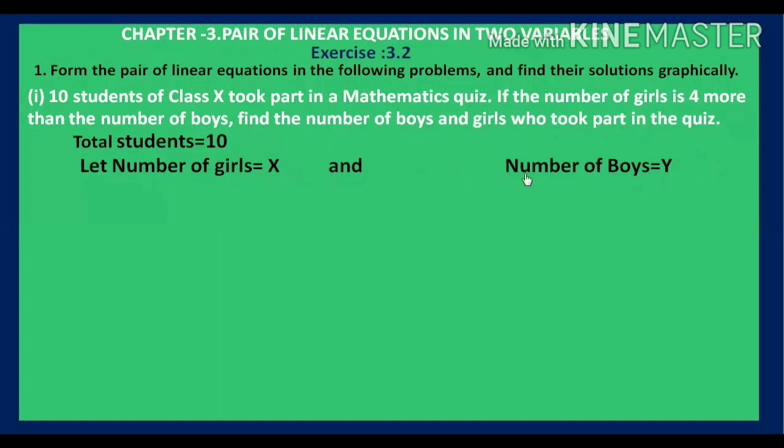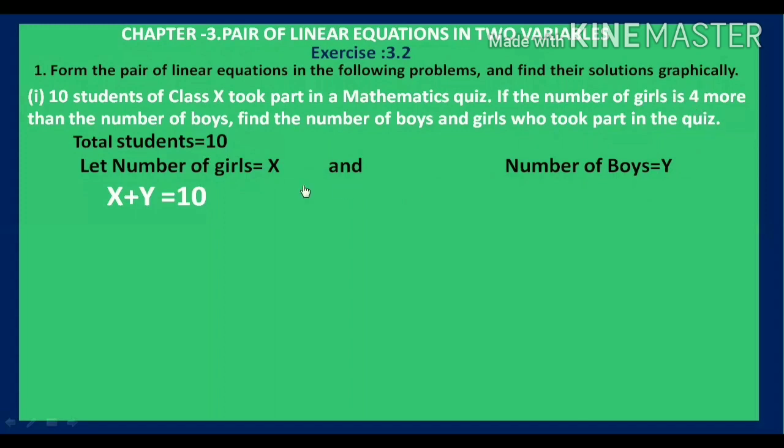Number of girls plus number of boys is equal to 10. So this is the first equation.